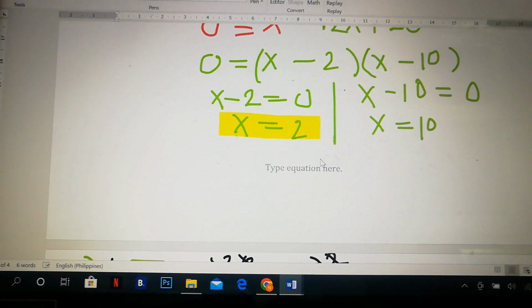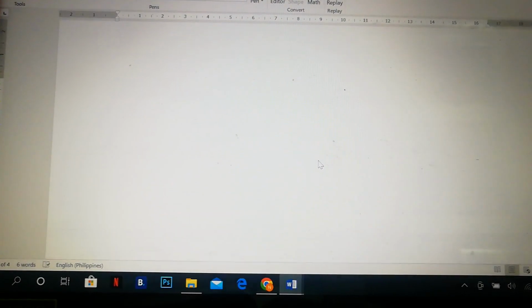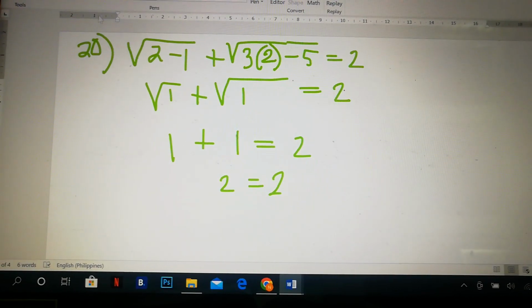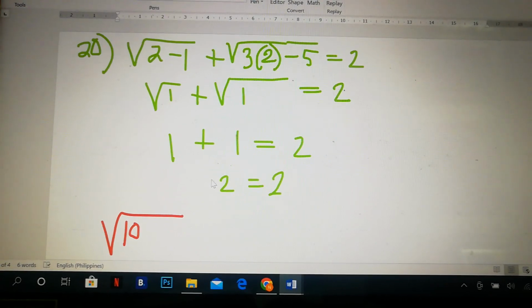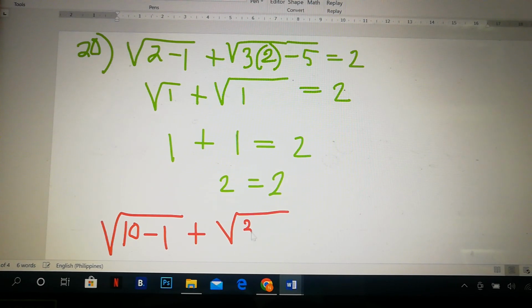The other one, we will try x is equal to 10, whether 10 is also a solution. So square root of 10, replacing x by 10, minus 1, plus square root of 3 times 10 minus 5 is equal to 2.